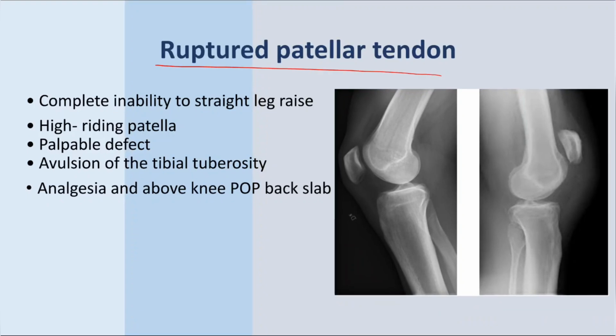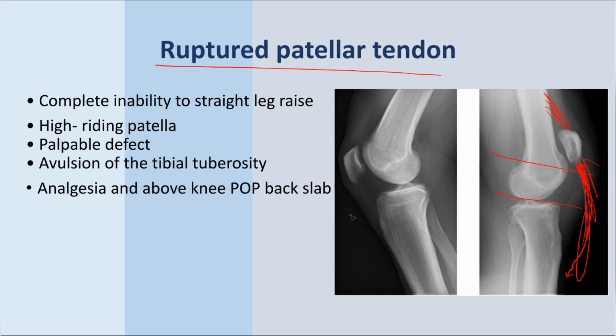Ruptured patellar tendon. So again, as we said, the patella should be somewhere at this level. When it goes higher than that level, it means the patellar tendon, which connects here to here, is ruptured. Above it is the quadriceps muscle, while on the lower side the patella is connected to that tendon.